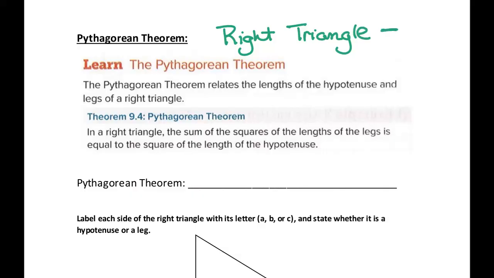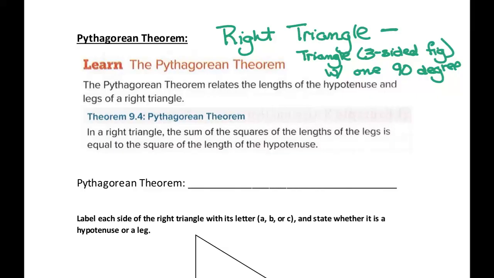Does anybody know what a right triangle is? That is correct. It is a triangle. How many sides does a triangle have? Okay, a three-sided figure with one 90-degree or right angle.